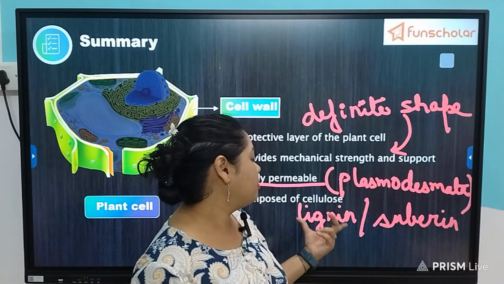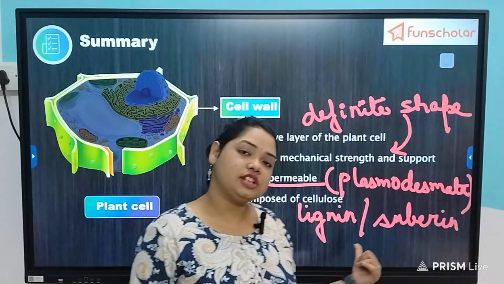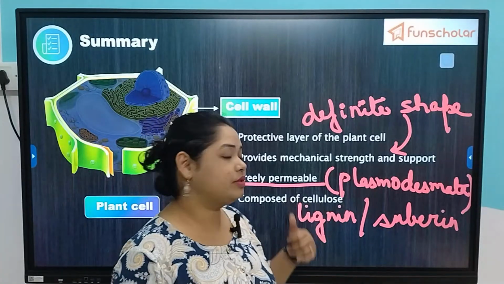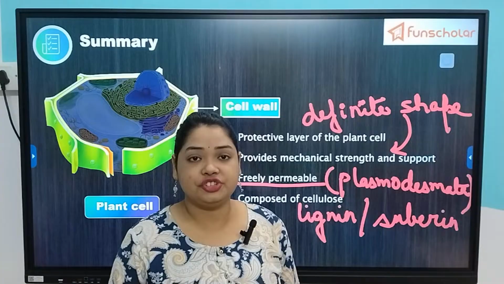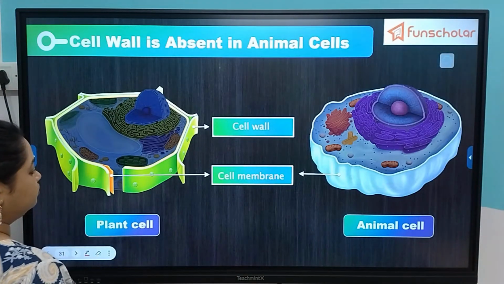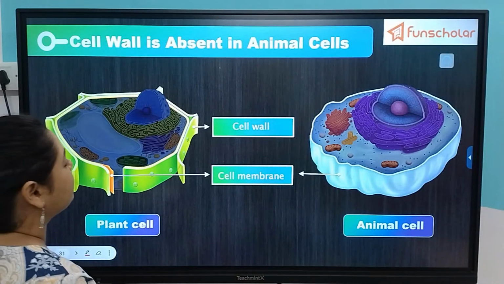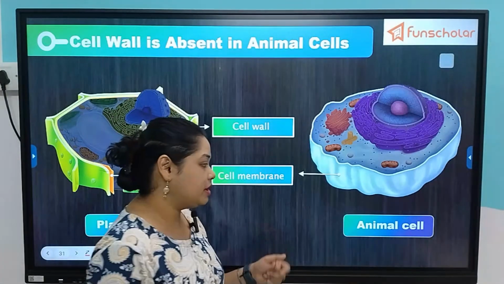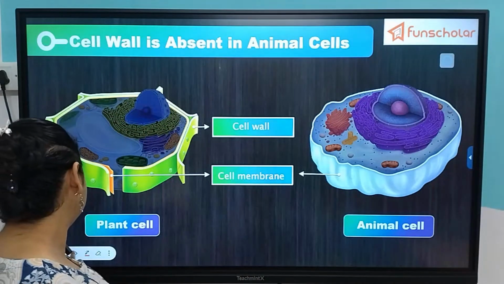When the plant cells mature, when they are old enough, such deposition takes place in the cell wall along with the cellulose to make them more hard and rigid in structure. So here we can see that in a plant cell, both cell membrane and cell wall are present, but in an animal cell, only the cell membrane is present.